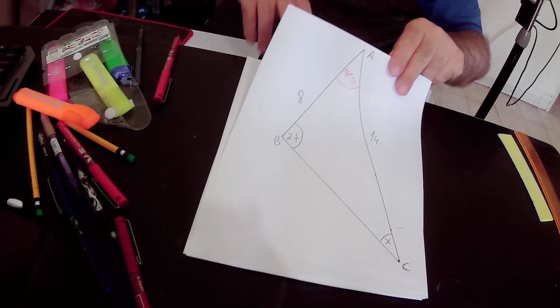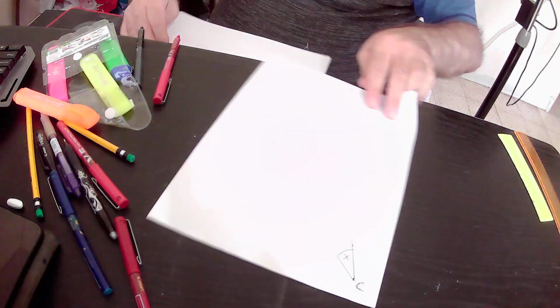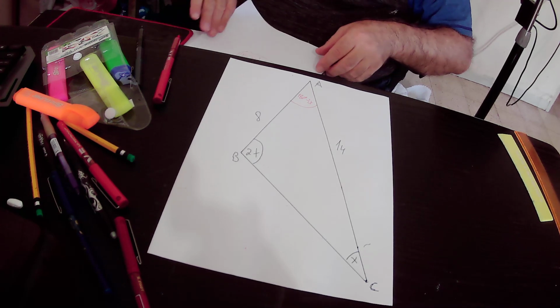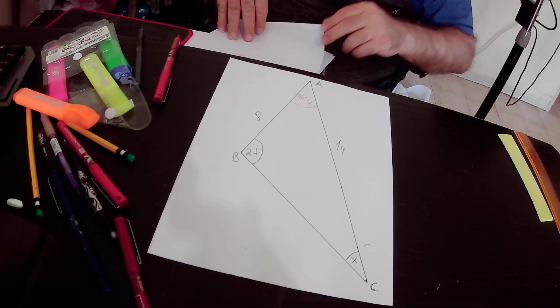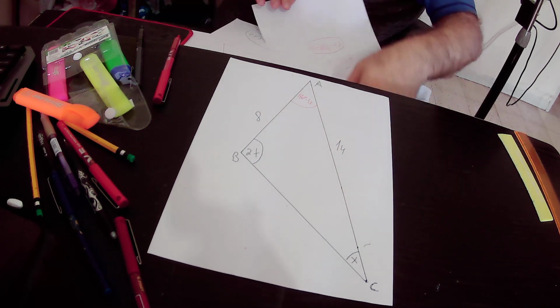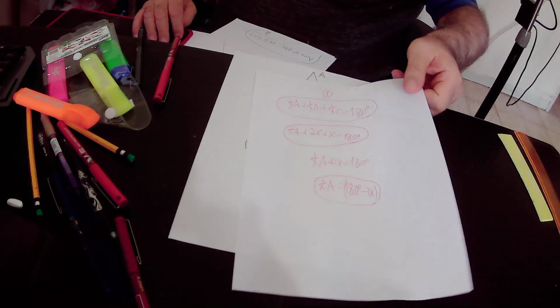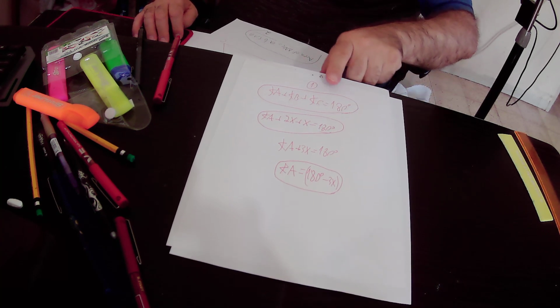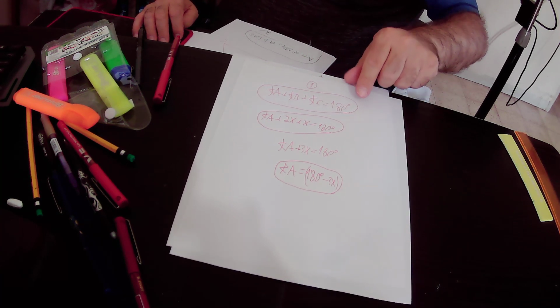So here we created the equality that states that the sum of the angles in any triangle equals 180 degrees. So angle A plus angle B plus angle C equals 180 degrees.